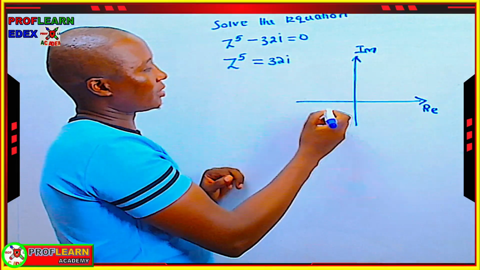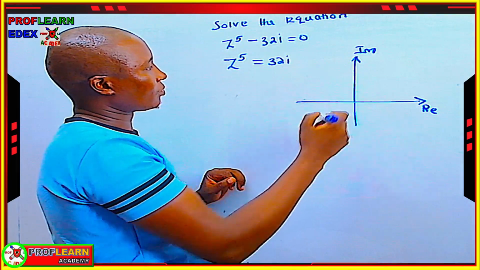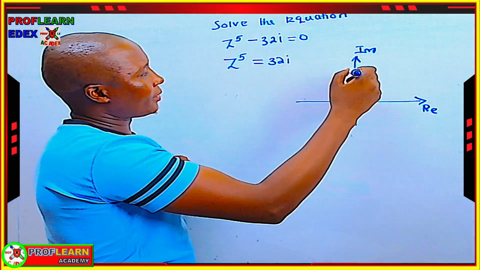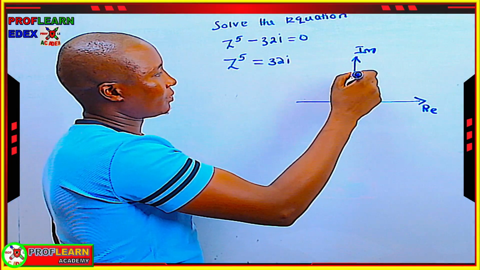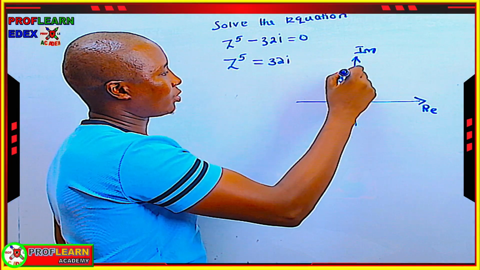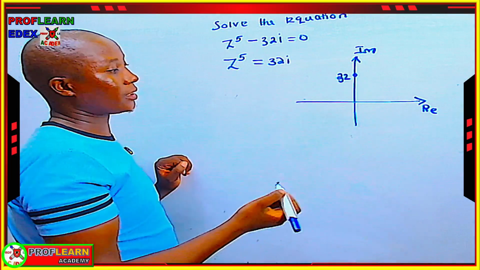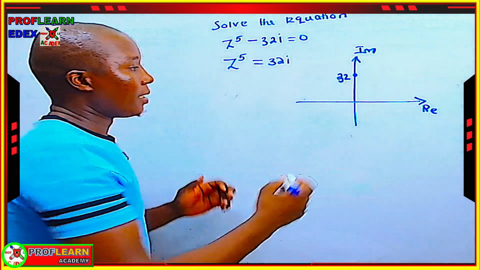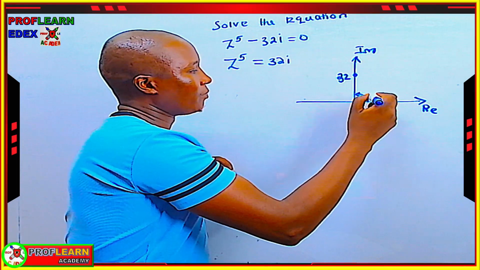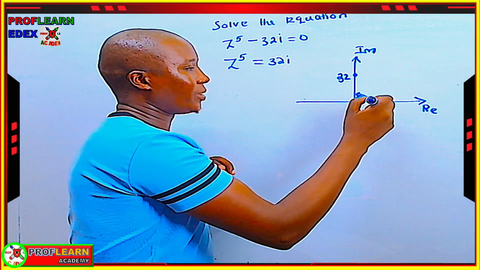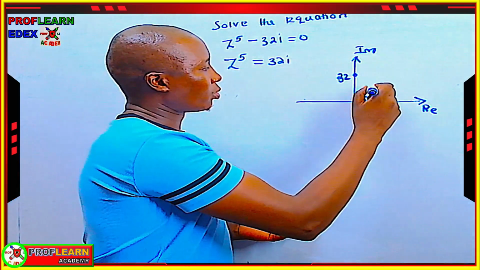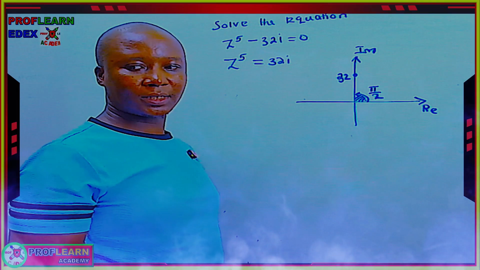Since this is on the imaginary axis, this is going to be 32 here, right? 32i is a positive number, so the angle measured in that direction is 90 degrees. And remember, 90 degrees is equal to pi over 2 radians.